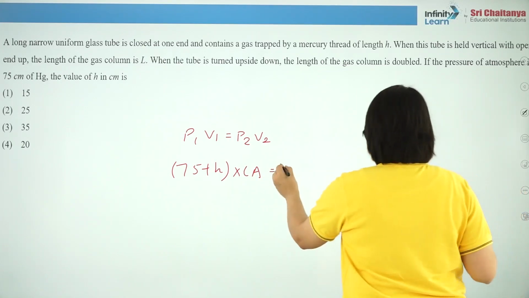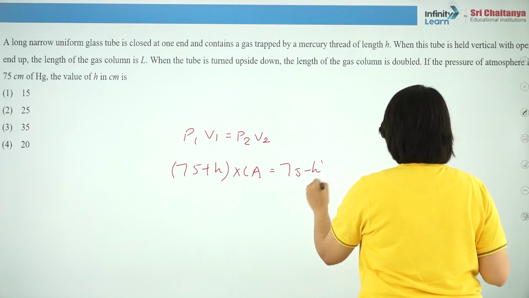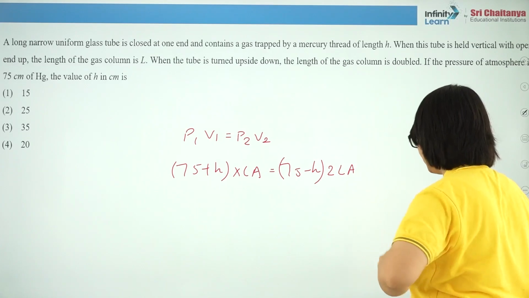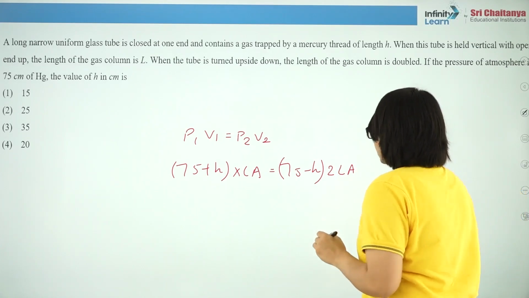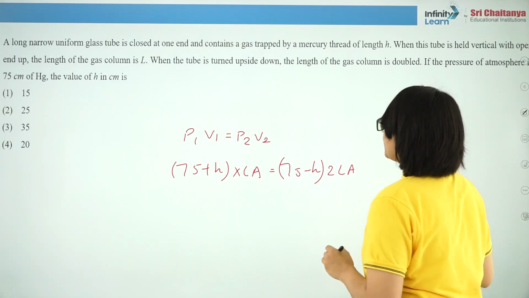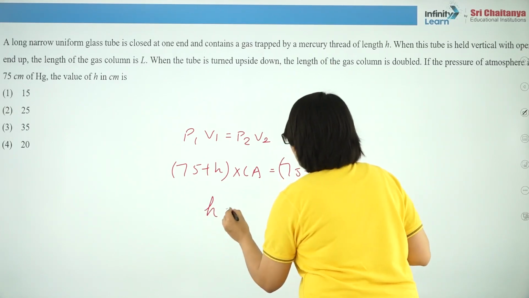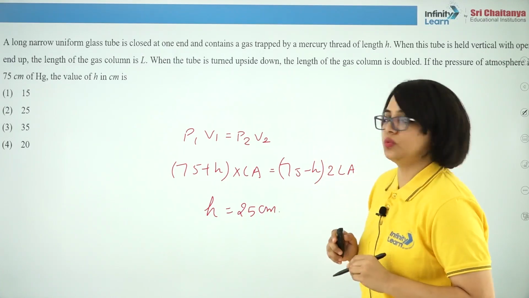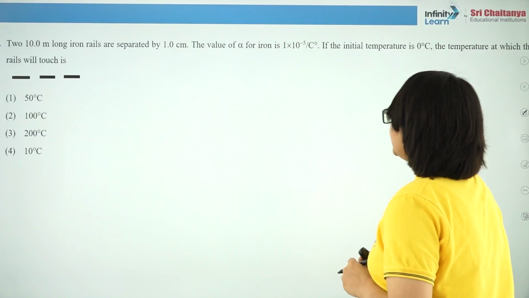So, it will be 75 minus h is equals to 2 into 2 La, right. On solving this equation, you will get the height as 25 centimeter, which is option 2.